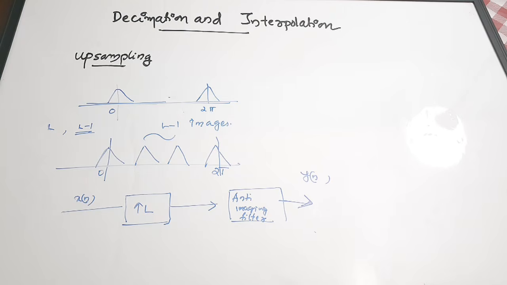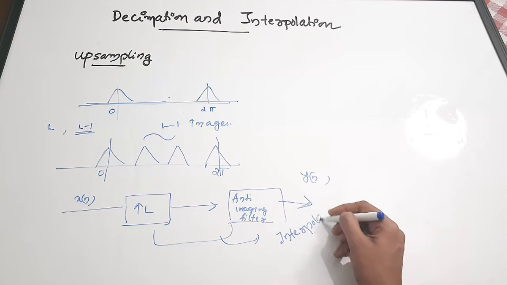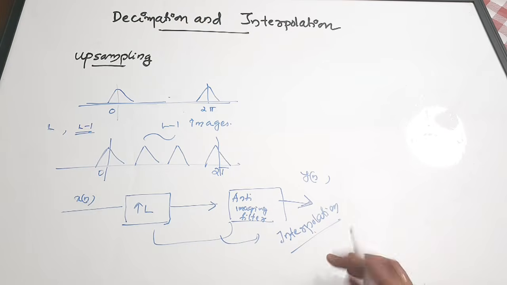Okay, so that's the process of upsampling, and together these two blocks, that is the anti-imaging filter and the upsampling block, will give you interpolation. So interpolation is nothing but the two blocks combined, that is the upsampling block and the anti-imaging filter together, it is called interpolation.